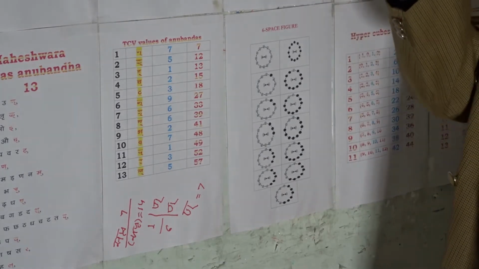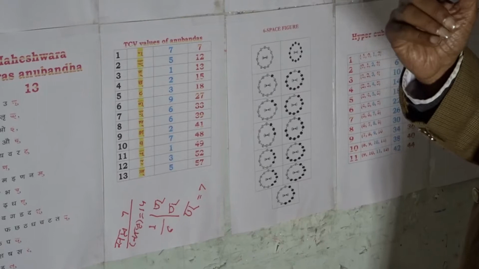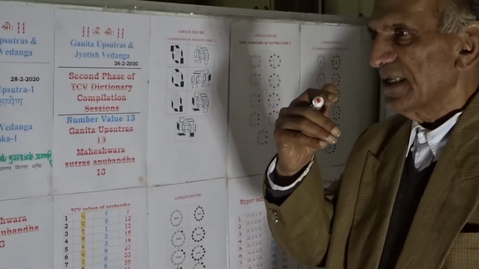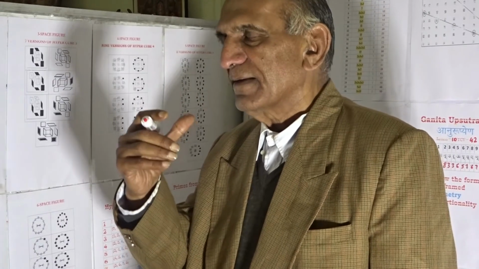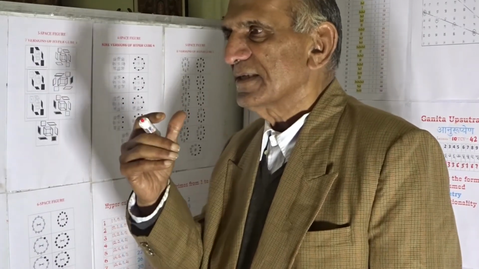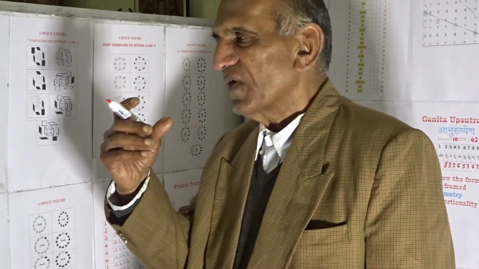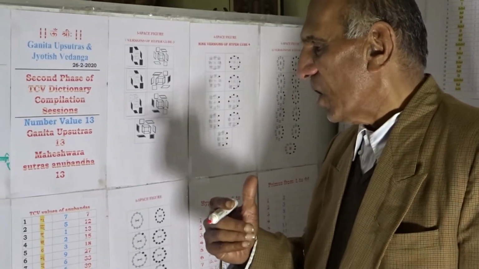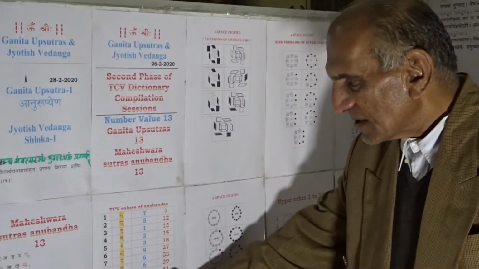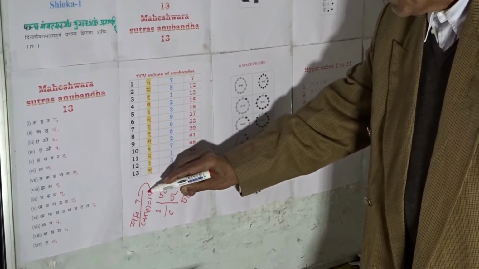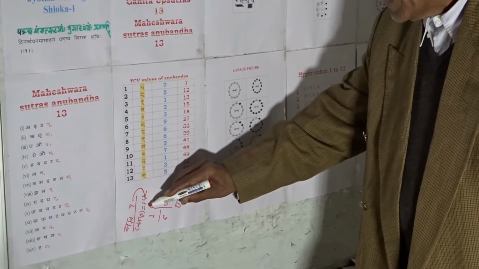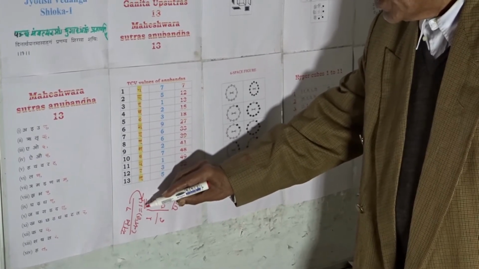Let us make a specific note that the Ganita mathematics, Vedic Ganita Sutras, the Vedic mathematics formulations are having a specific reach for value 7 as value 14.